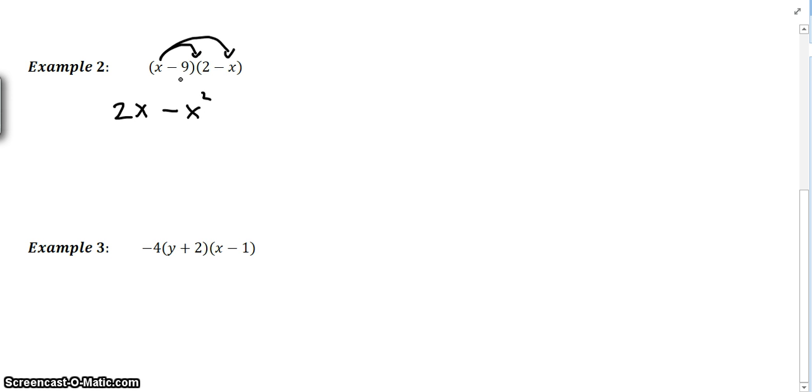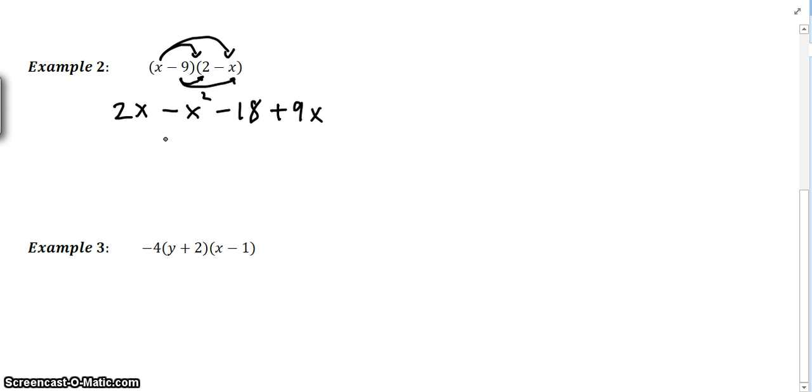Next we do the inside terms, minus 9 times 2, which is minus 18, and we'll do the last terms, which is minus 9 times minus x, which is positive 9x.